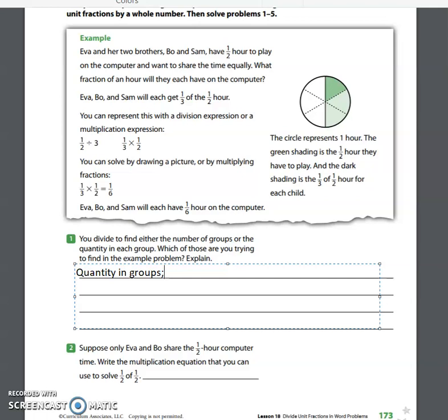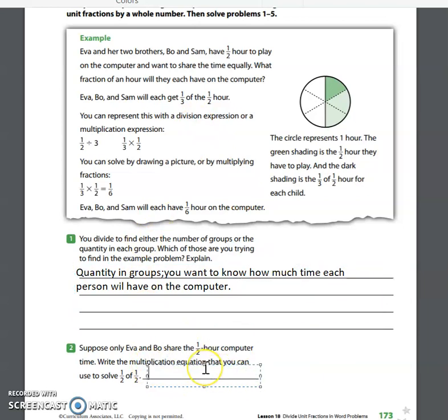I can explain that I would explain that you want to know the amount of time each person will have on the computer, which means you want to find a quantity.